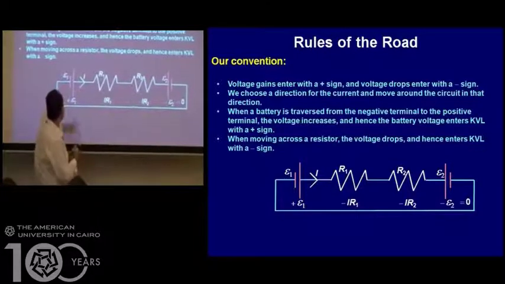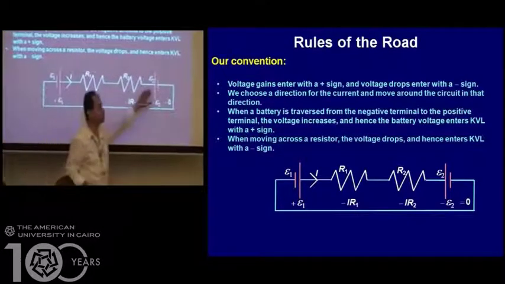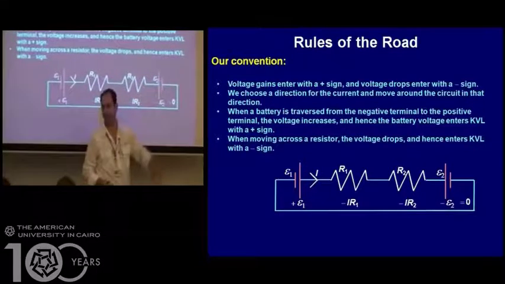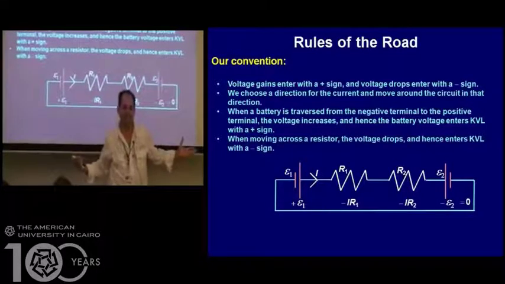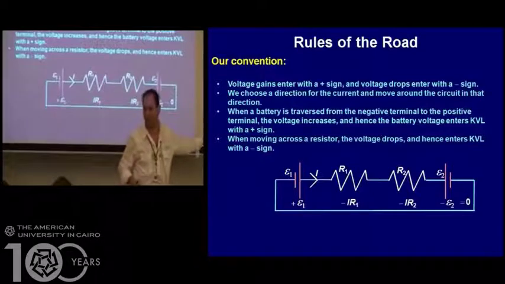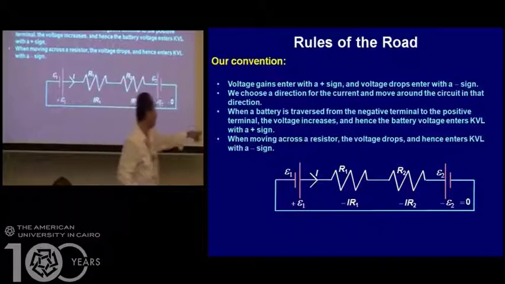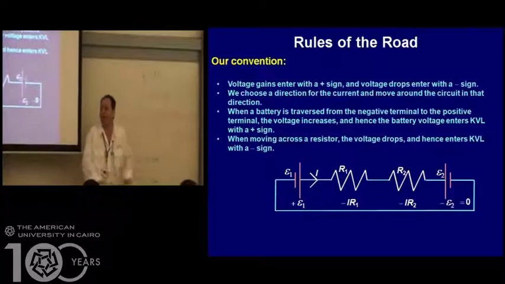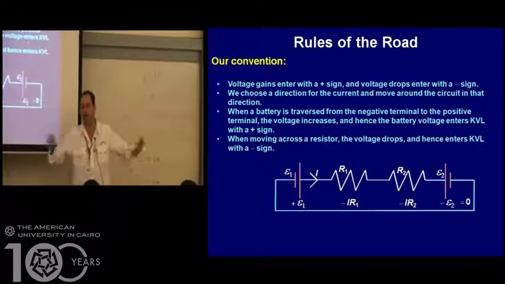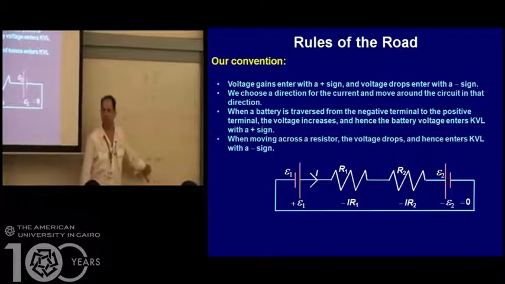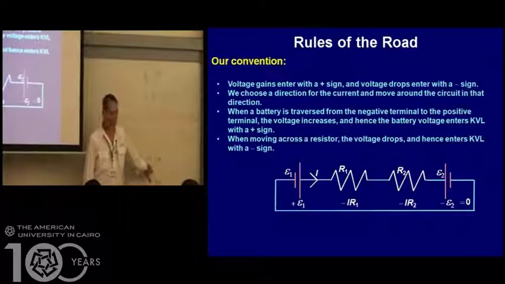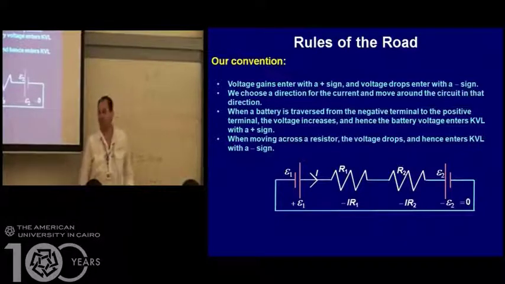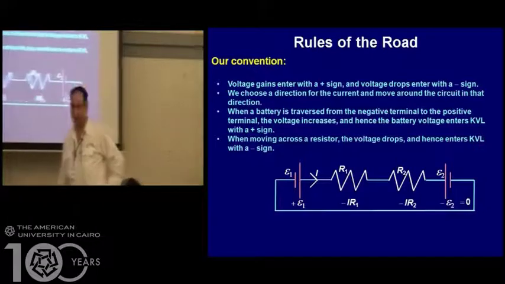If E1 is 2 volts and E2 is 5 volts, this will be the direction of the current. But you do not have to memorize this, because if you just stick to the equation and solve it, you get the answer. You just assume any direction, it doesn't matter. If your answer is positive, then you assumed the right direction. If your answer is negative, then your direction was not assumed correctly.